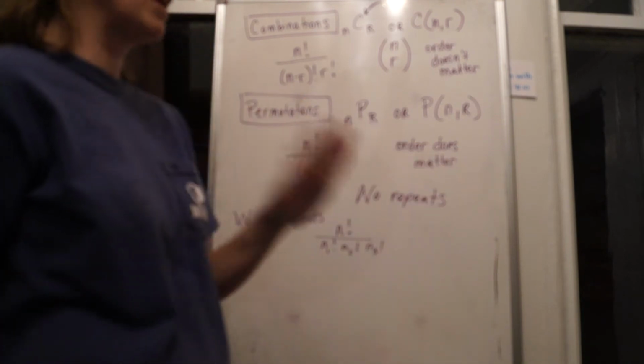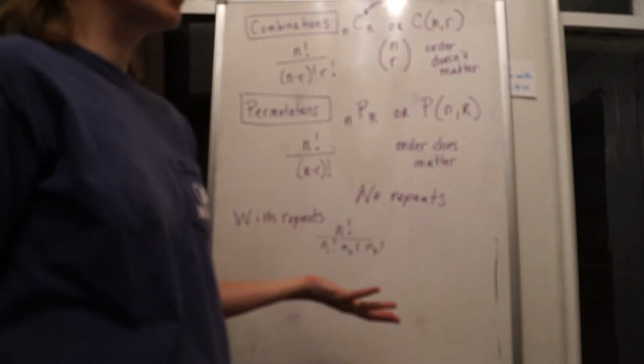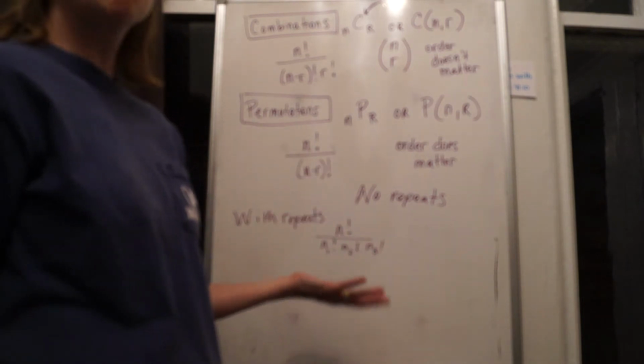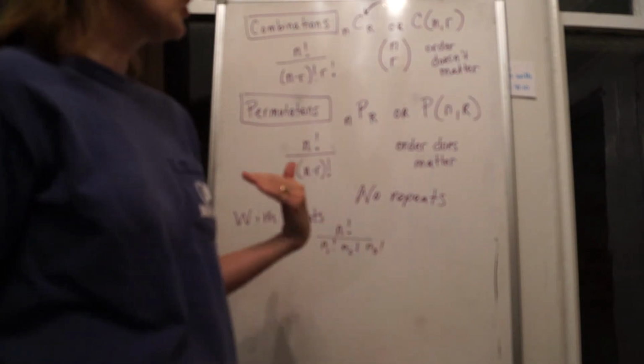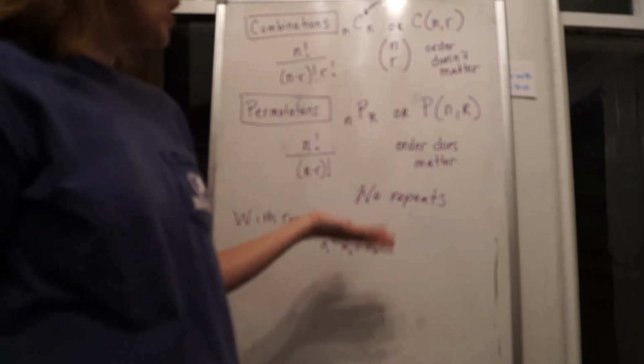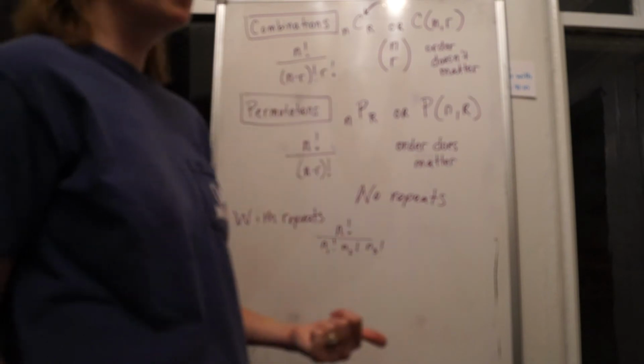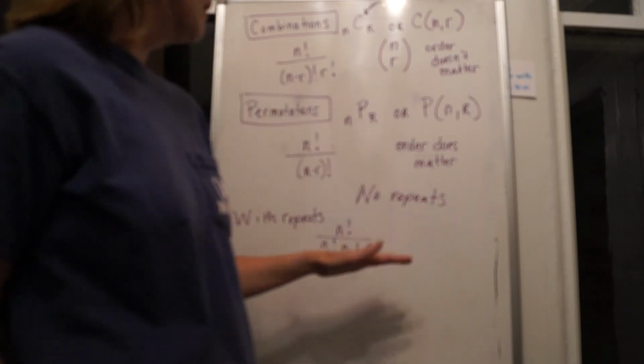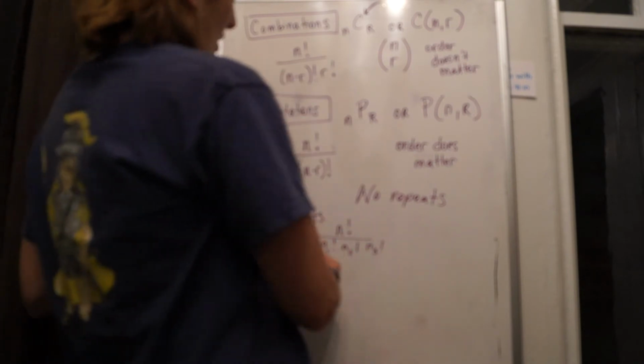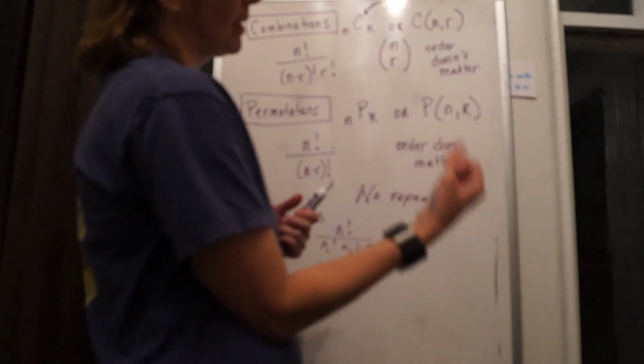This is everyone's favorite example. How many ways are there to order the letters in Mississippi? So order matters, but we are going to have repeats because we're going to have more than one S and more than one I. So here, how many do we have to choose from?